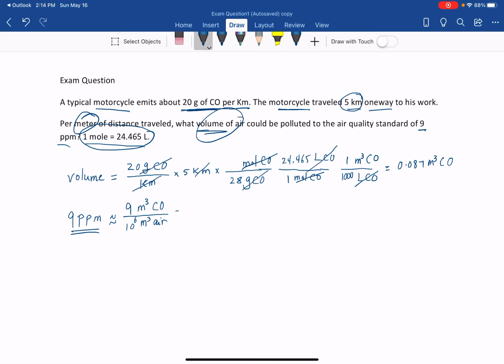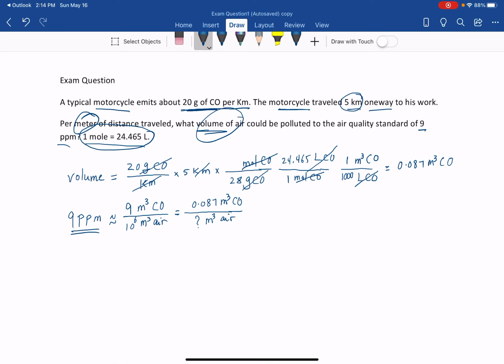It means 9 meter cubic of carbon monoxide over 1 million meter cubic of air that contain the carbon monoxide. And this standard, if you want to find out the volume of the air that could be polluted, is by putting this 0.087 meter cubic carbon monoxide over the volume in meter cubic air that will be polluted. So you're gonna do a cross multiply.